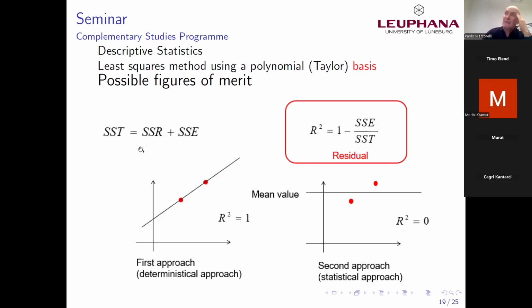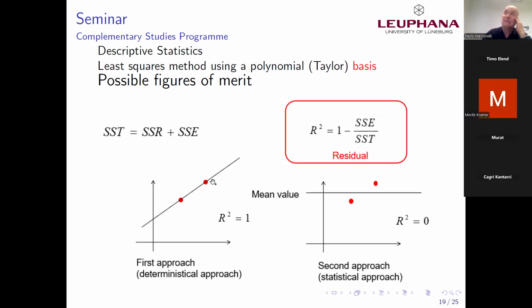I mean, in this example, it's clear that R squared is equal to 1, because in this case SSE is 0. I told you before, because Y1 and Y2 are exactly Y hat x1 and Y hat x2.